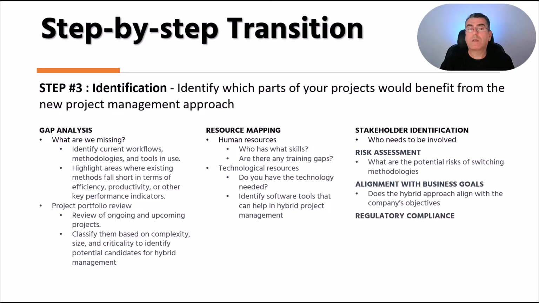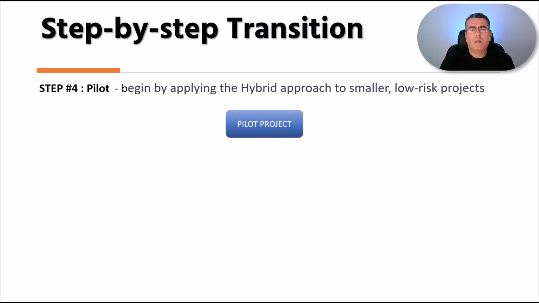Think about regulatory compliance. You need to make sure that the hybrid approach is compliant with industry-specific regulations, and this will change for each domain. Step 4 is finding the pilot project that you're gonna use to start your transition.